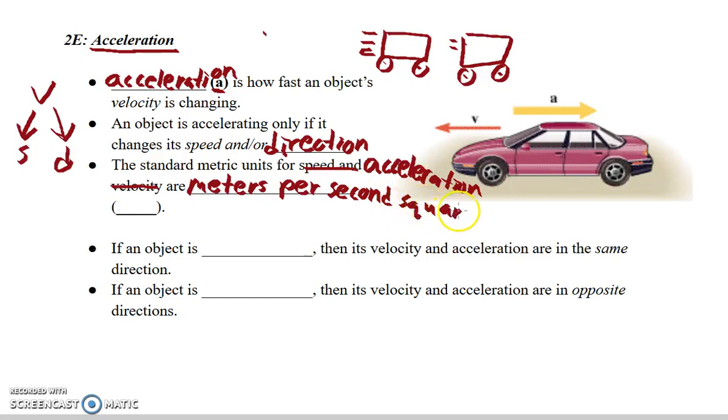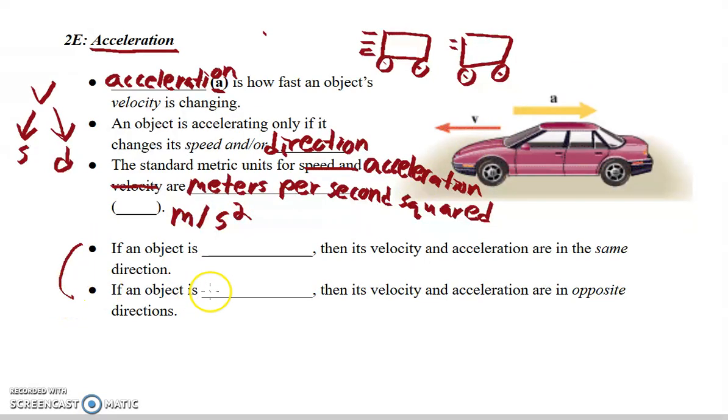What that looks like is m over s, with the squared above just the s. So really that's the unit, and what that says is it's changing by that many meters per second, every second. So how is that speed changing?